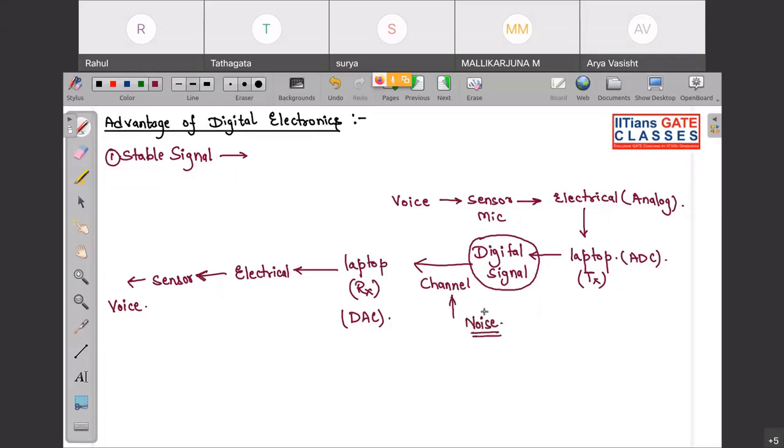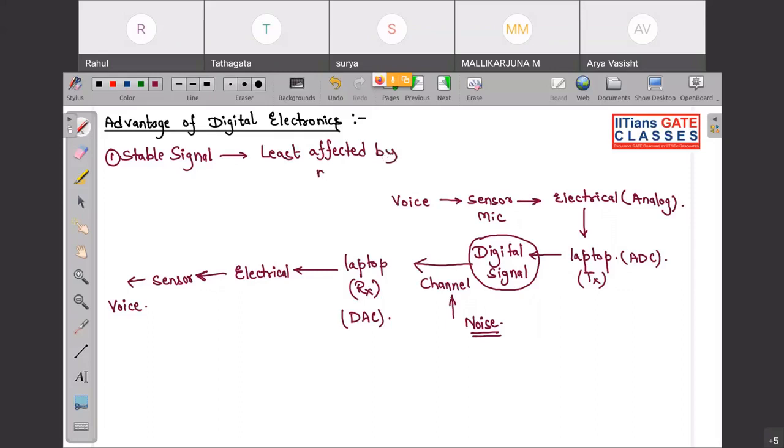There can be noise due to anything, chattering, or electrical interference in your channel. It can be copper wire or optical fiber, anything. So this digital signal is a very stable signal. Why? Because it is least affected by noise.